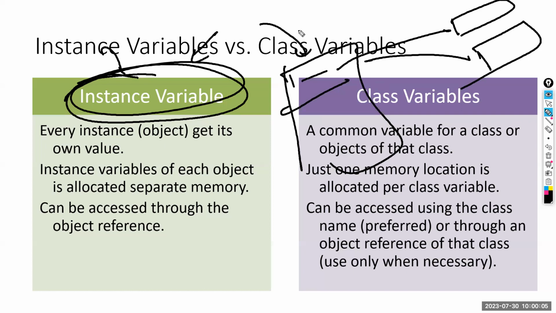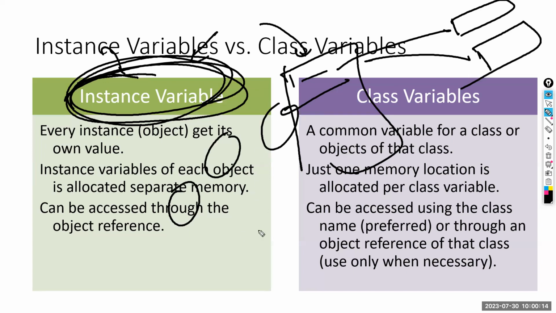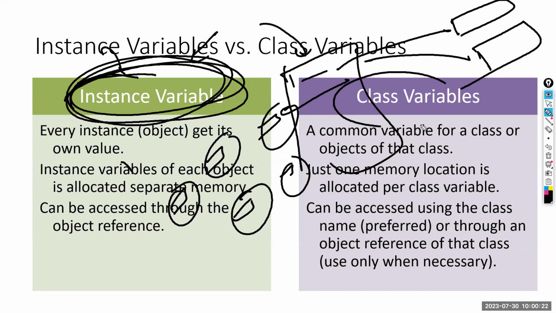Every time an object is created, memory is allocated for the instance variable. So if there are 10 objects of that class in memory, 10 separate memory locations are allocated for a particular instance variable. But when it comes to a class variable, only one variable is created per class.